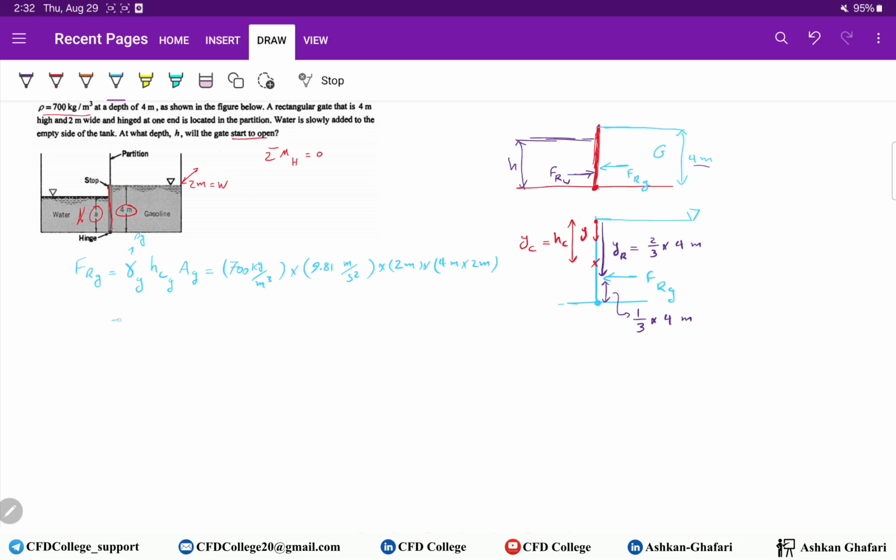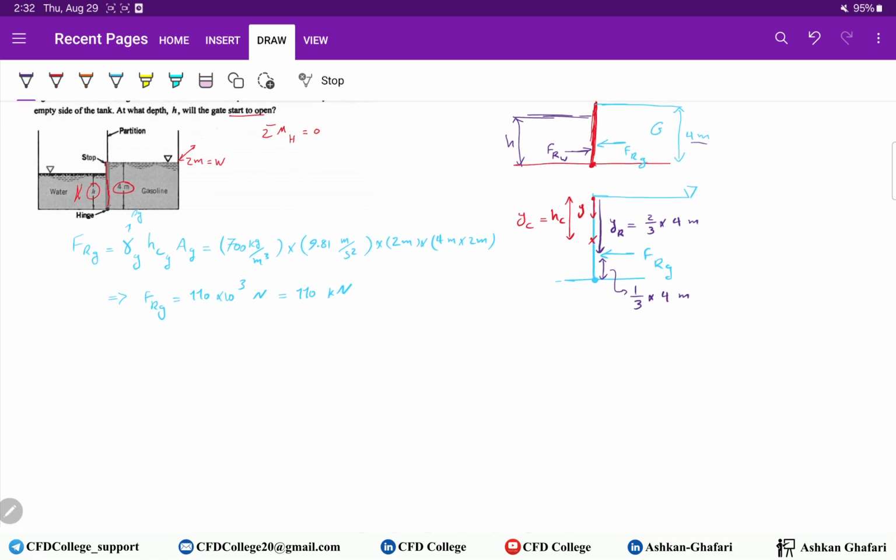So FRG equals 110 times 10 to the power 3 Newton, or 110 kilonewton.